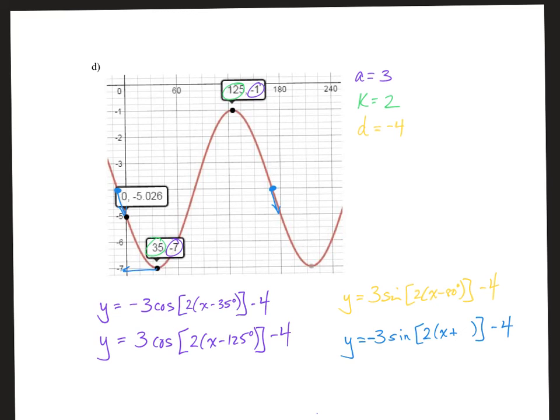Well, it would have to be half that distance from my max to my min, or a quarter of my period. I'm going to have to phase shift it to the left 45 degrees. Now, that's from the 35 degrees. 45 degrees from the 35 degrees, and therefore, it would be a phase shift left 10 degrees.